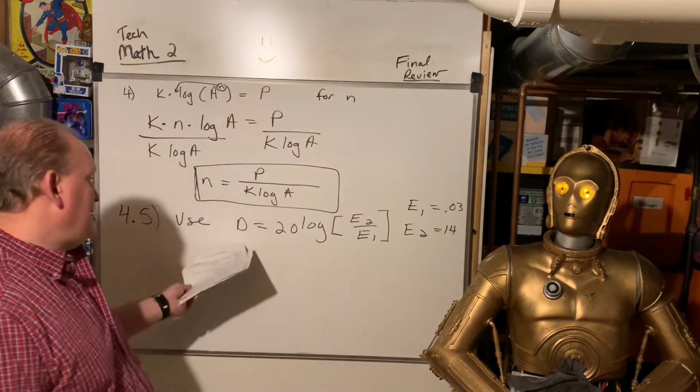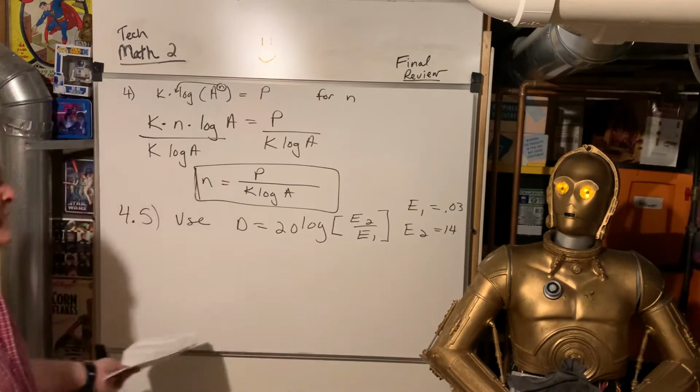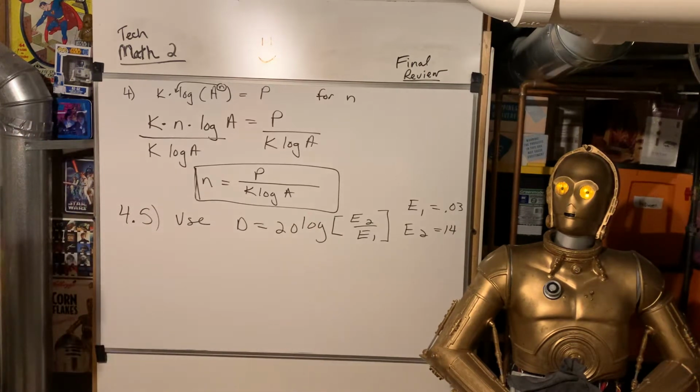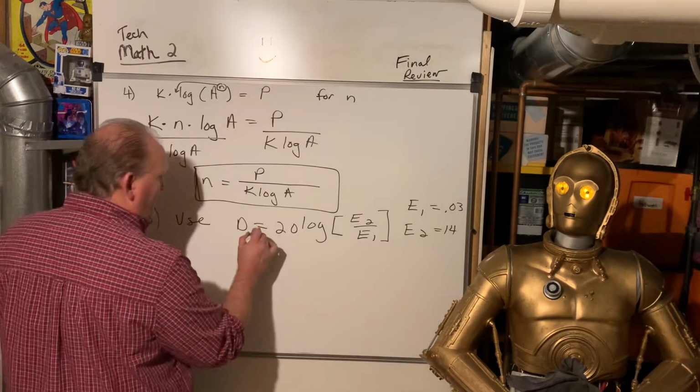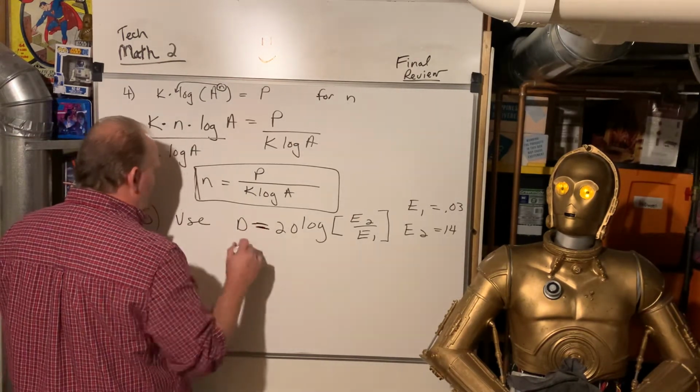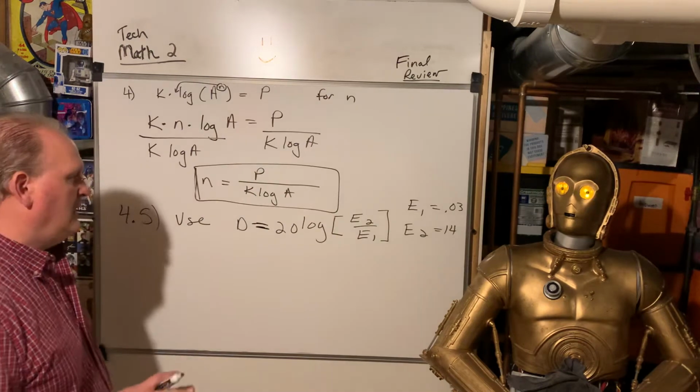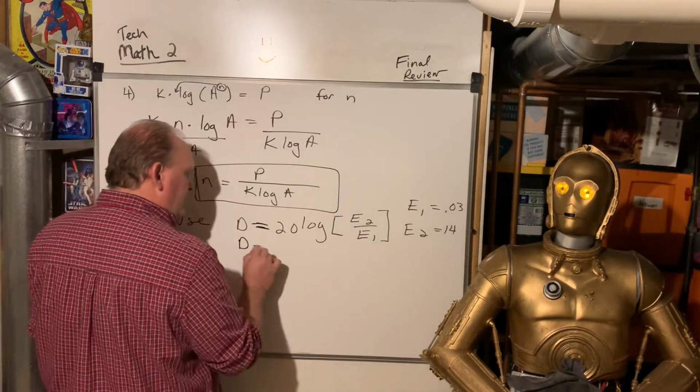So find D and round to a whole number. So really, it's plug and chug. Again, I figured everybody in this course could handle that, but I don't like surprises on the final exam. So I want everybody to be prepared.